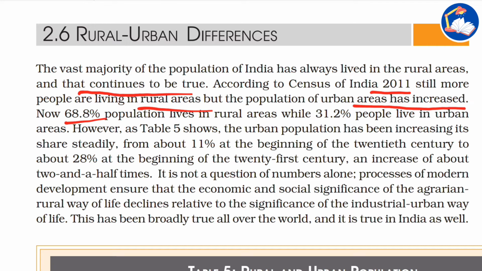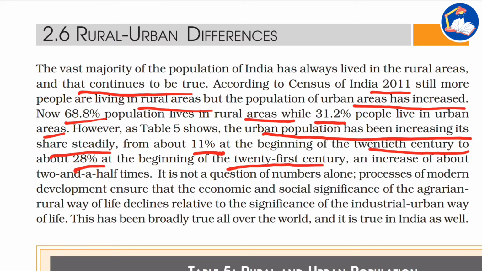Now 68.8% of the population lives in rural areas, while 31.2% live in urban areas. Okay, and the urban population has been increasing its share steadily from about 11% at the beginning of the 20th century to about 28% at the beginning of the 21st century, an increase of about 2.5 times.